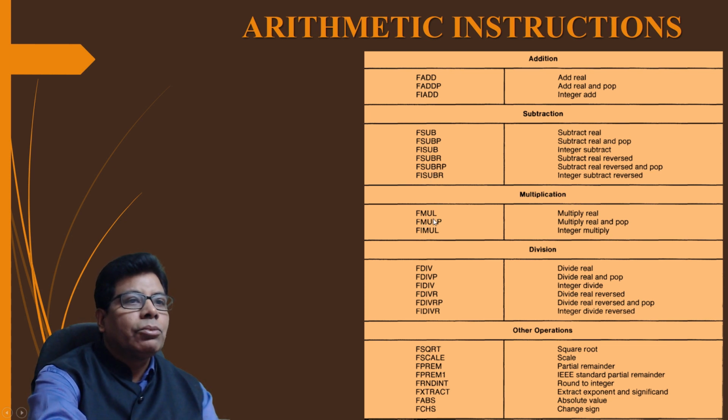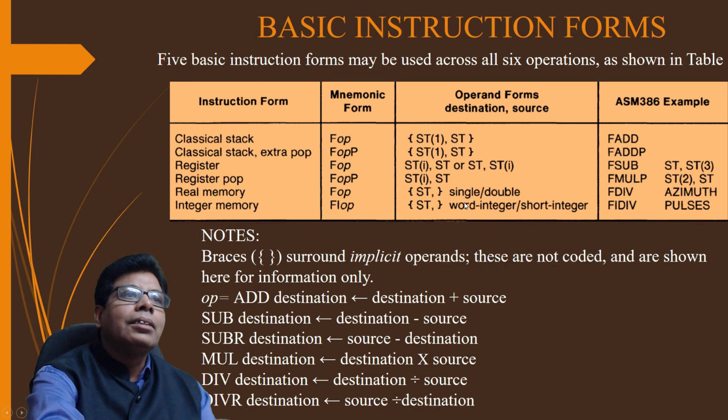In multiplication, we have three instructions similar to addition. Then for division, we have again 6 instructions similar to subtraction. And for other operations, we have the square root, scale, partial remainder, round to integer, absolute value, change sign. Let us see the basic instruction forms.